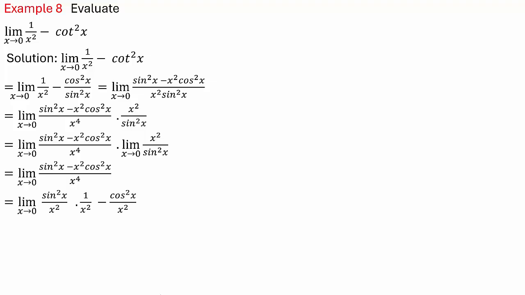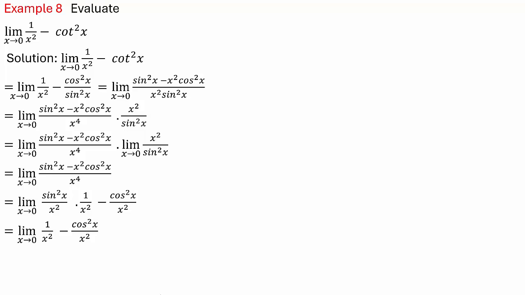x raised to 4, and it can be expressed as limit x tends to 0 of sin square x divided by x square into 1 by x square minus cos square x divided by x square, separating the terms. And again, we know that limit x tends to 0 of sin x by x is 1.